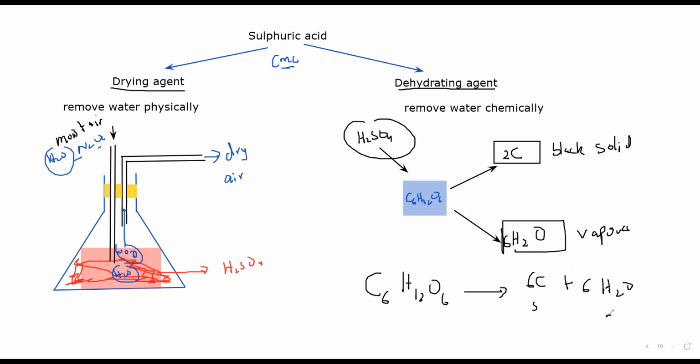This is basically vapor. Due to high temperature, vapors are produced, and this was a glucose molecule, a sugar. It is for solid sugar cubes. So sulfuric acid causes a decomposition of the molecule into water and the black solid carbon. So that's a dehydrating agent.